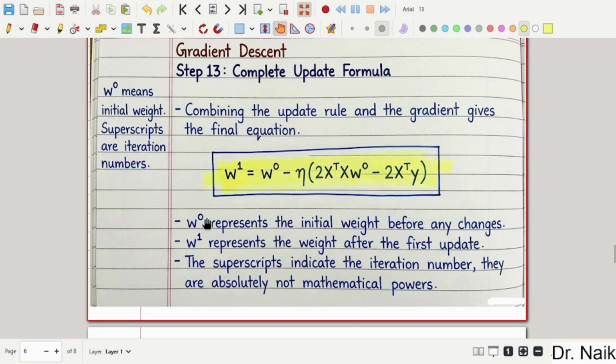W superscript 0 represents the initial weight before any changes. W superscript 1 represents the weight after the first update. The superscript indicates the iteration number. They are absolutely not mathematical powers.